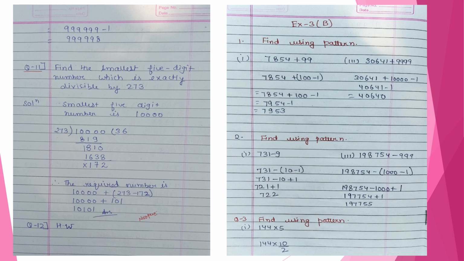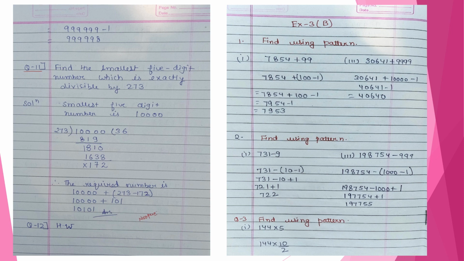We solve the bracket at first. So 273 minus 172 comes out to be 101, and when it is added to 10,000, we are getting the required answer 10,101. This is the smallest 5-digit number which is exactly divisible by 273.